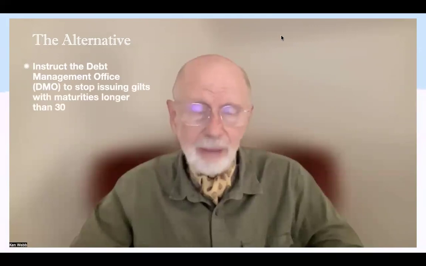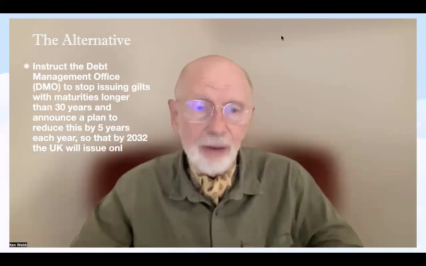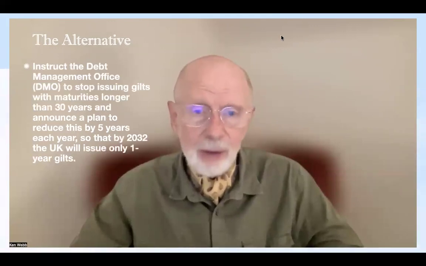So the first thing they suggest is that we should instruct the Debt Management Office in the Bank of England to stop issuing gilts with maturities longer than 30 years and announce a plan to reduce this by 5 years each year, so that by 2032 the UK will issue only 1 year gilts.